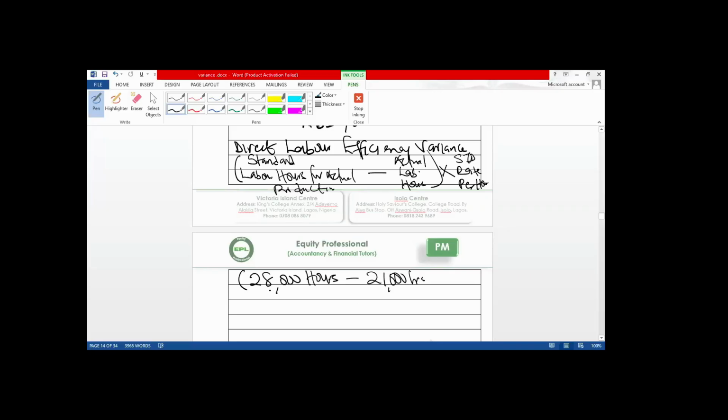They should have used 28,000 hours to produce. They use 21,000 hours, thereby saving 7,000 hours. Multiplied by standard labor rate per hour, 120.